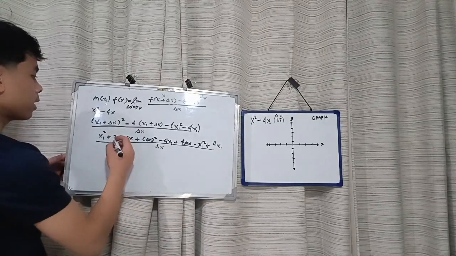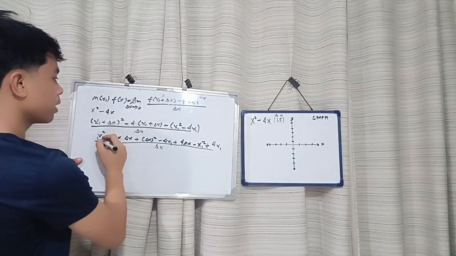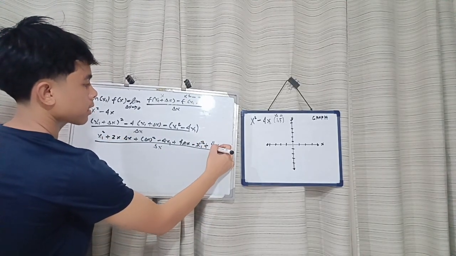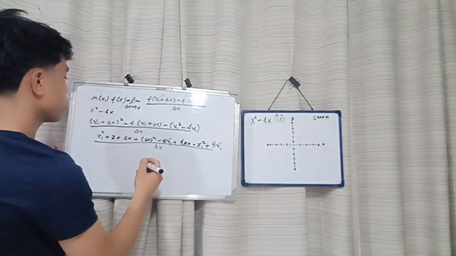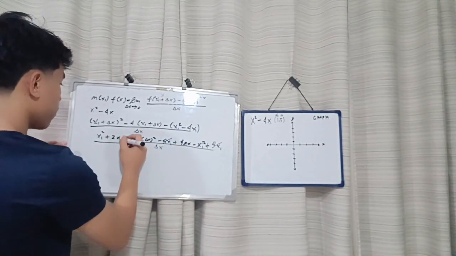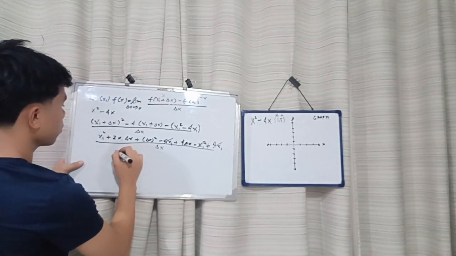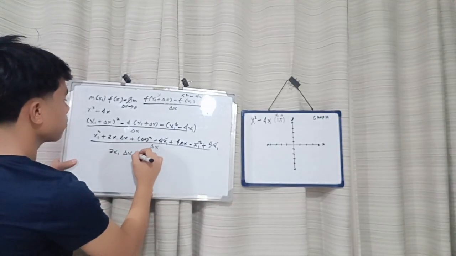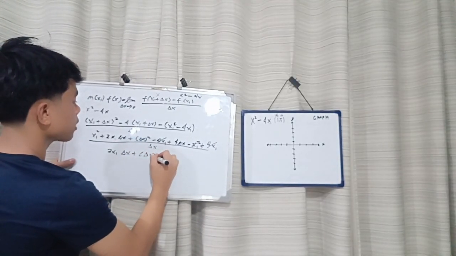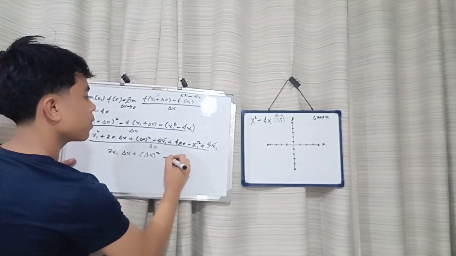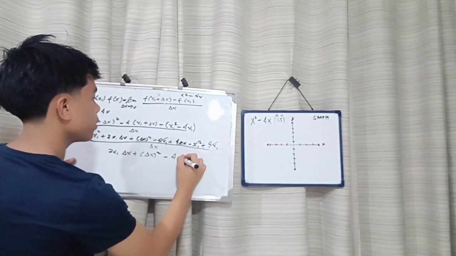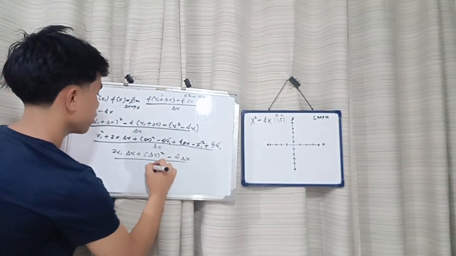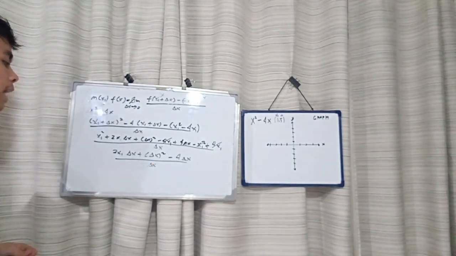As you can see, the similar terms are x squared sub 1 and 4x sub 1. So the remaining will be 2x sub 1 delta x plus delta x squared minus 4 delta x, over delta x.